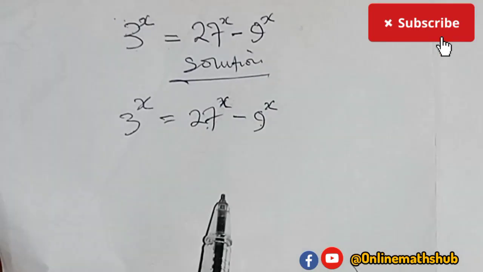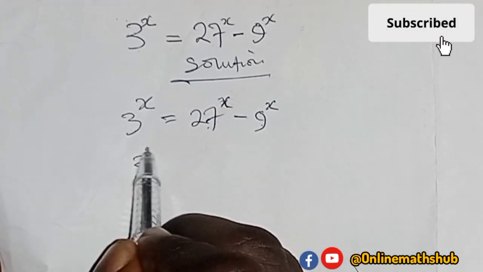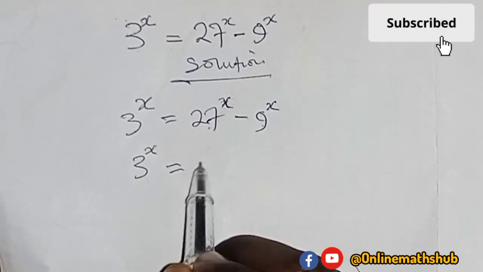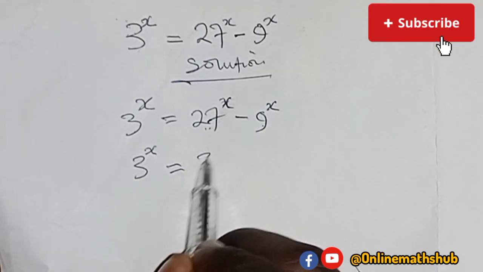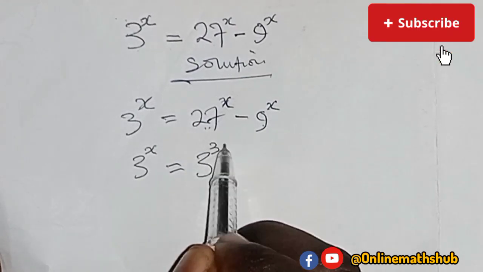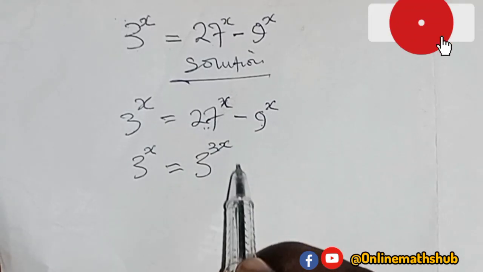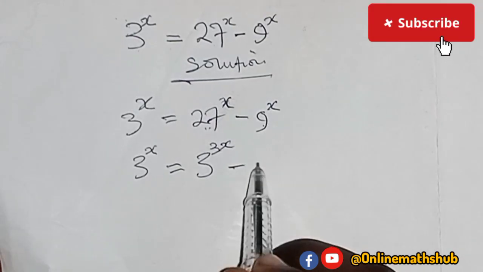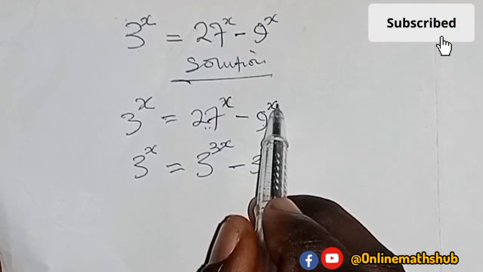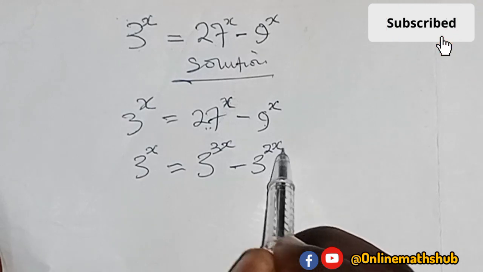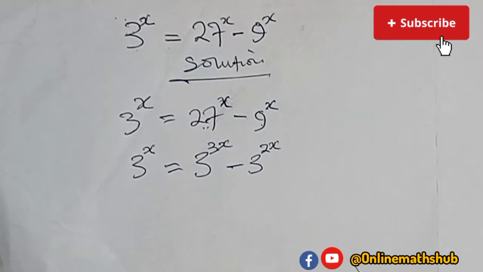If I do that, what I'm going to be having is 3 raised to power x is equal to, so 27 can be written as 3 raised to power 3. Then if I multiply by this x, I will have 3x. Minus 9 can actually be written as 3 raised to power 2, and then 2 times the x will give you 2x right there.